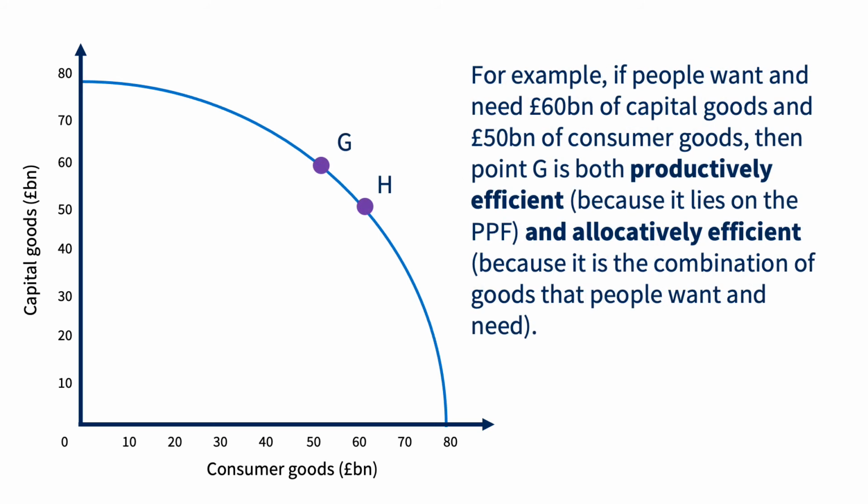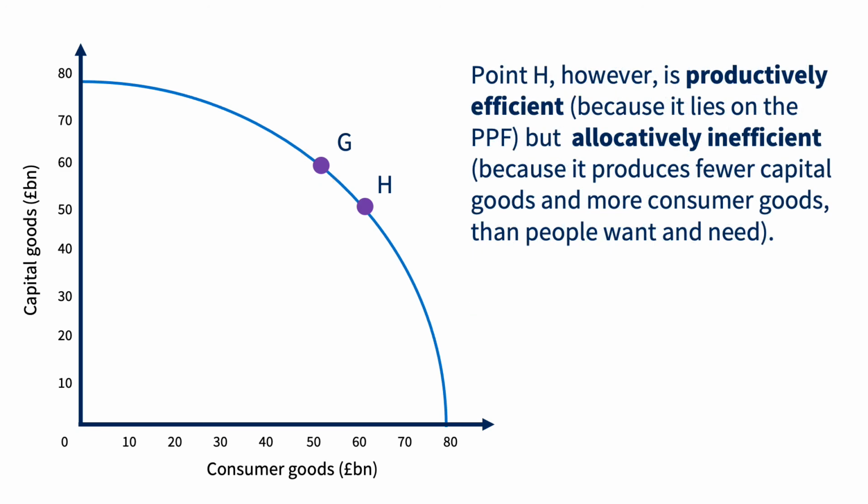For example, if people want and need £60 billion of capital goods and £50 billion of consumer goods, then point G is both productively efficient, because it lies on the PPF, and allocatively efficient, because it is the combination of goods that people want and need. Point H, however, is productively efficient because it lies on the PPF, but not allocatively efficient because it produces fewer capital goods and more consumer goods than people want and need.